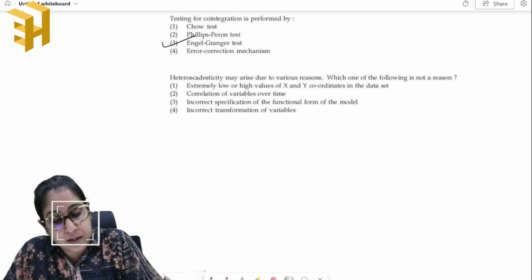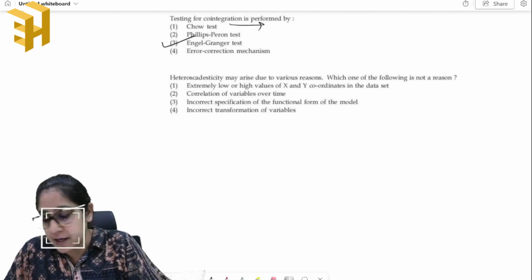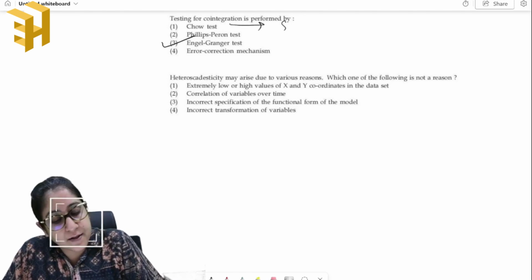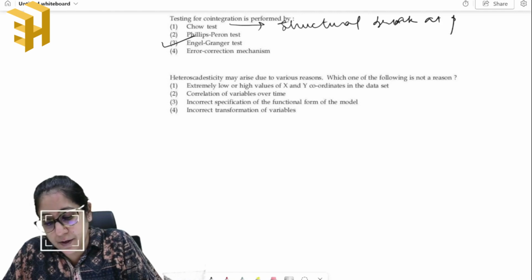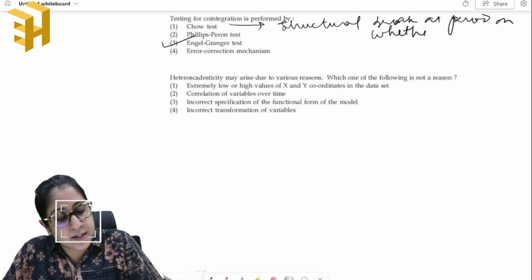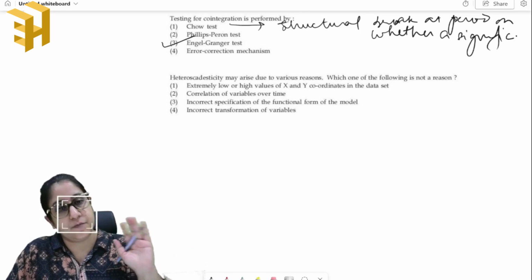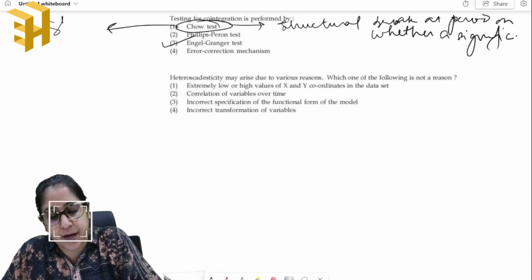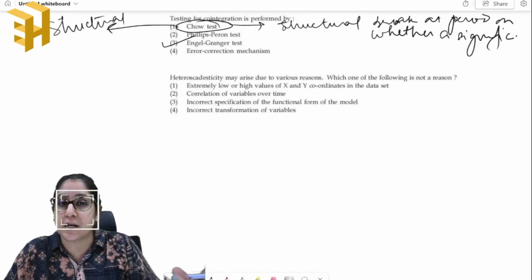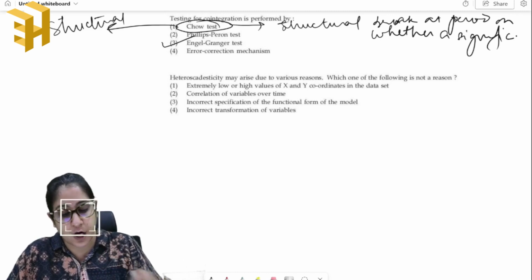You can just write it down that the Chow test is mainly used for finding the structural break at a period, on whether a significant shift has taken place or not, right? So it is used to find the structural break in a series. That is your Chow test.